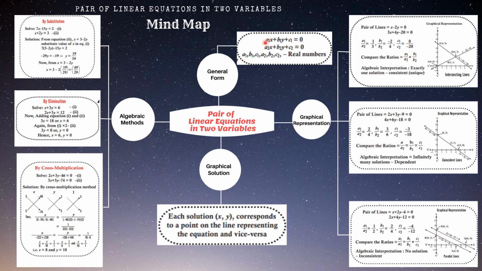Now we said we have a system of simultaneous linear equations: a1x plus b1y plus c1 equal to 0, and a2x plus b2y plus c2 equal to 0.